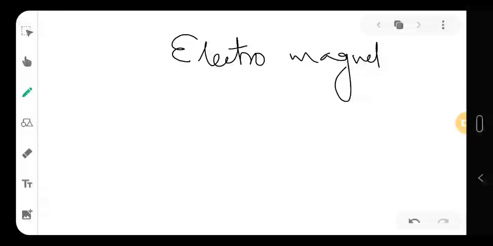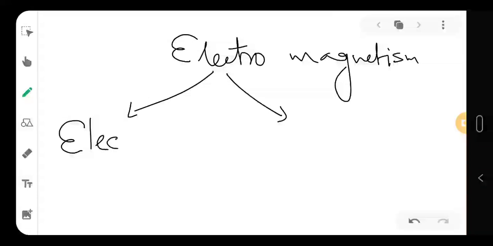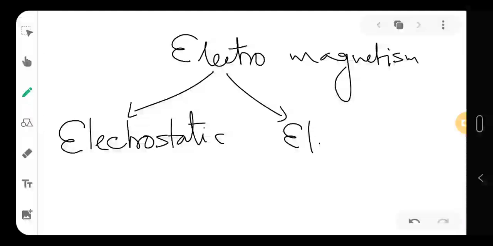So we have electromagnetism, electro, magnetism. So we have two parts in electromagnetism. We'll be talking later on. Electro part, we have electrostatics, and we have electrodynamics.